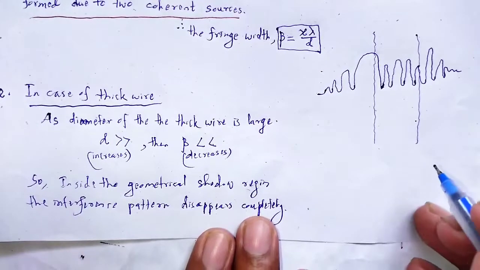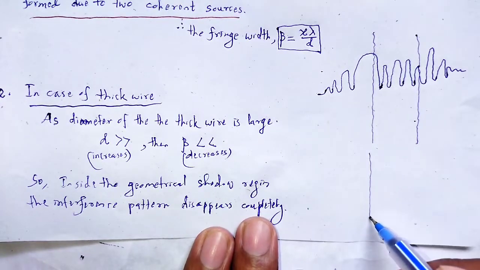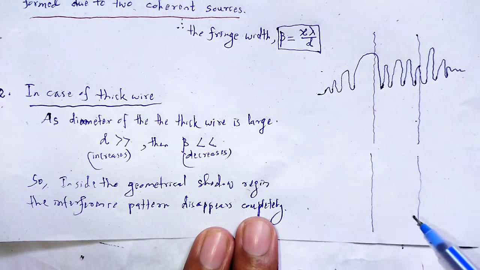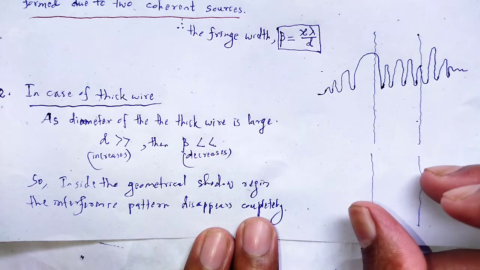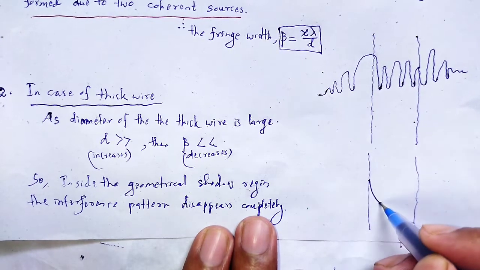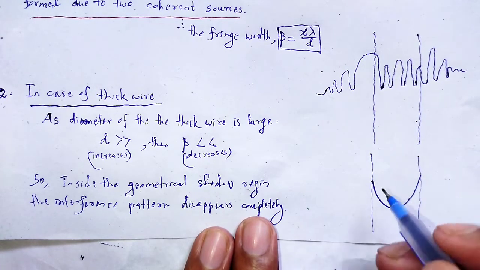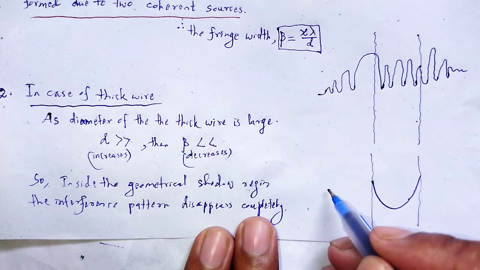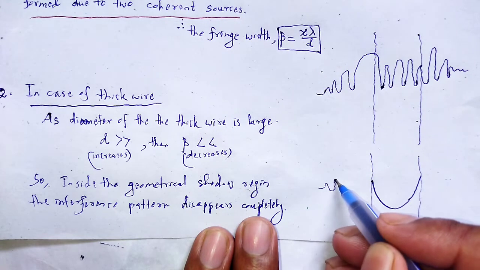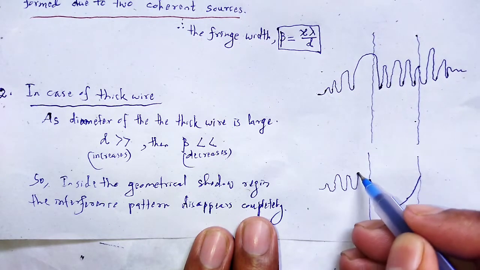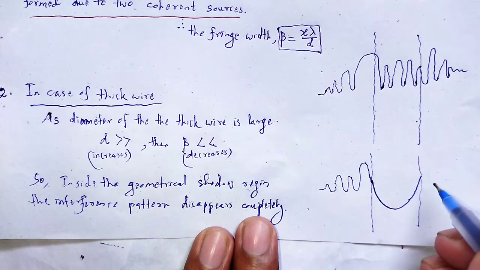So, in the intensity distribution inside the geometrical shadow region, alternate dark and bright bands completely disappear. Inside the illuminated region, we also get the diffraction pattern due to the straight edge.